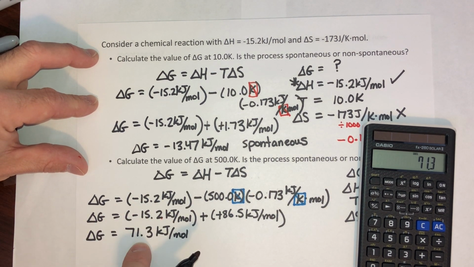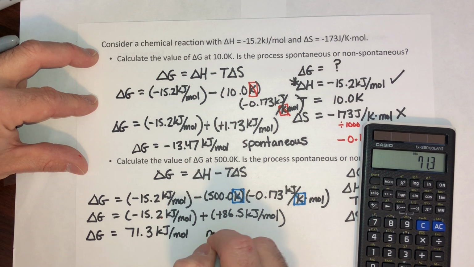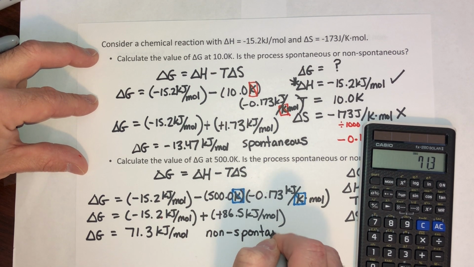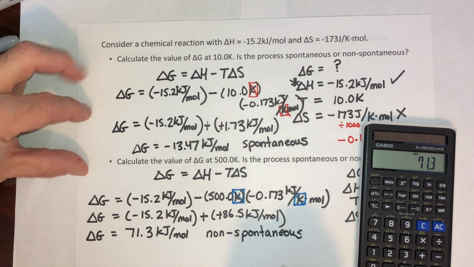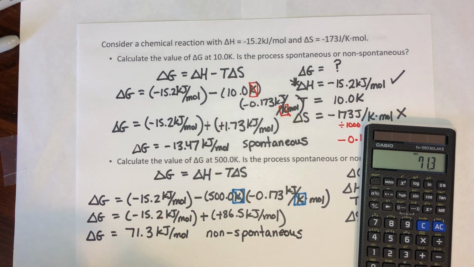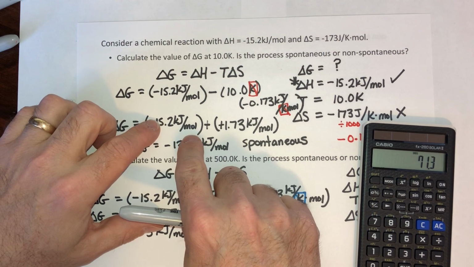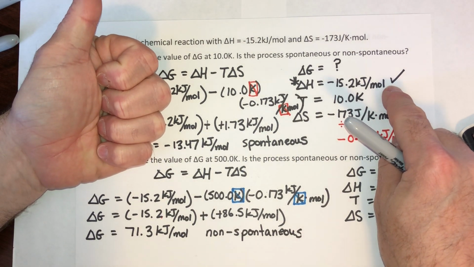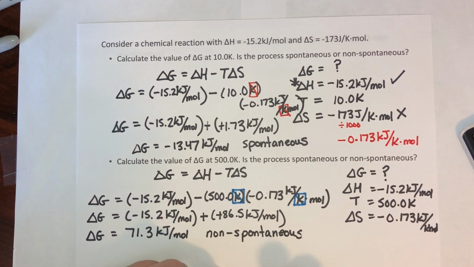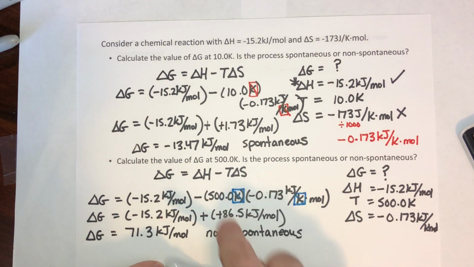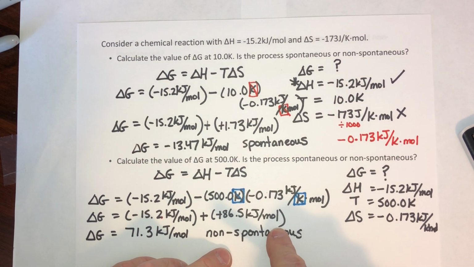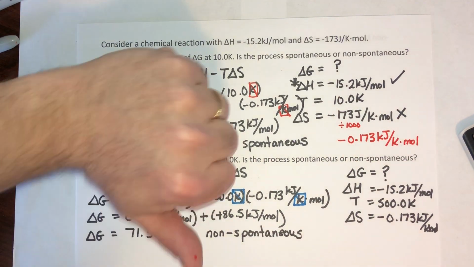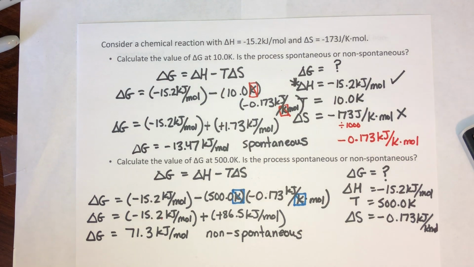Because the delta G is positive, this reaction is now non-spontaneous. At low temperatures, the delta H was the driving force, and the delta H said spontaneous, so it was spontaneous. At high temperatures, the delta S term becomes the driving force, and it said non-spontaneous. So at high temperatures, this whole thing becomes non-spontaneous.